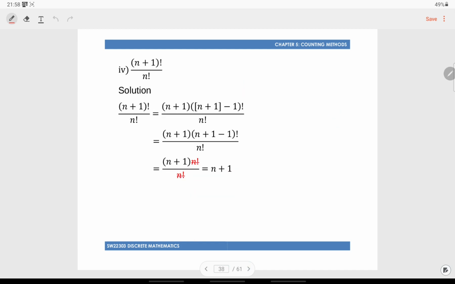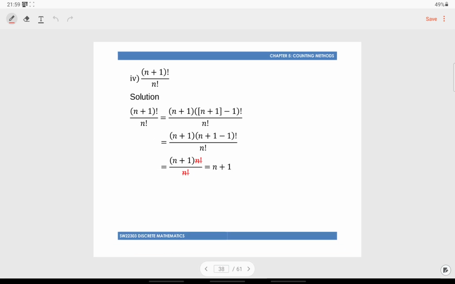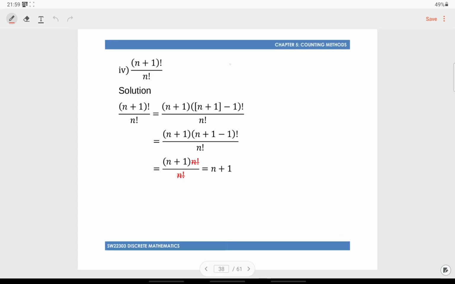Next is (n plus 1) factorial over n factorial. Just like in the previous example, 6 factorial is equal to 6 times 5 times 4 times 3 times 2 times 1, which is equal to 6 times 5 factorial.